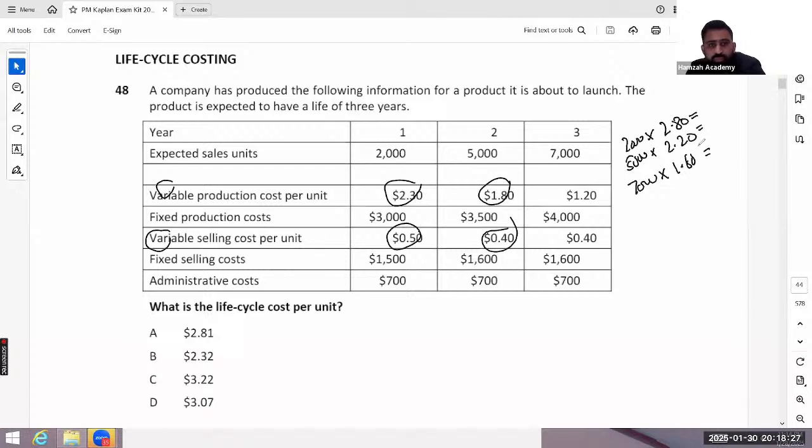This will give you the total variable cost of the product. So what will be 2,000 into 2.80, and then 5,000 into 2.2, and then 7,000 into 1.60? Can you calculate for me?